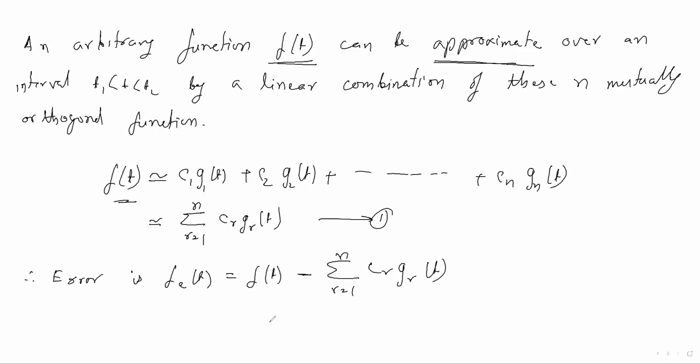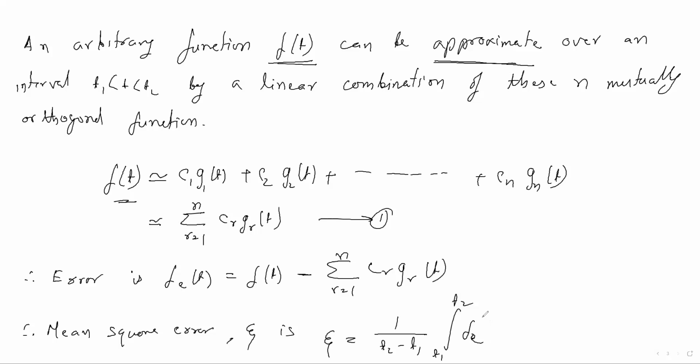What will be the third step? To find the MSE, mean square error. Epsilon can be given by the formula 1 by (t2 minus t1) integration t1 to t2 of f e(t) whole squared dt. Because of this square and this mean term, its name is mean square error.